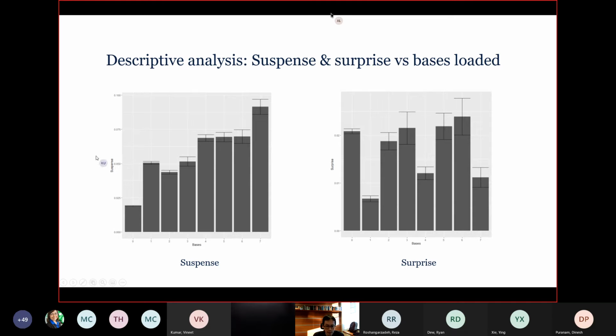I think that makes sense. Whereas for surprise, there is no clear relationship between bases loaded and surprise. Surprise is something like a home run or things like that, so we don't see a clear relationship. So again, this is some validation about our predictive model, I hope.